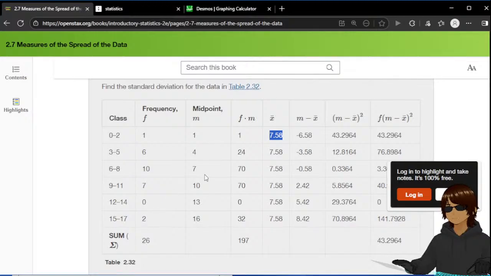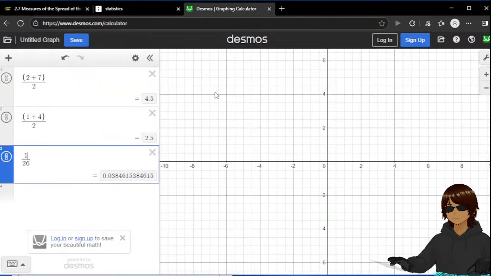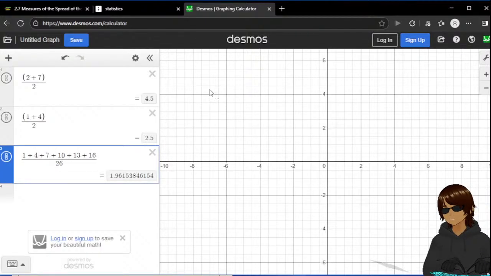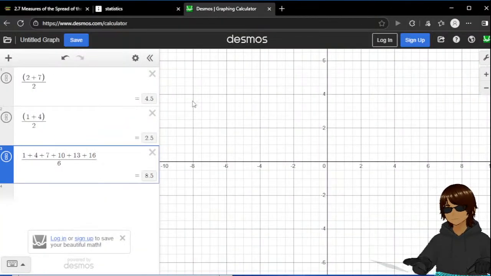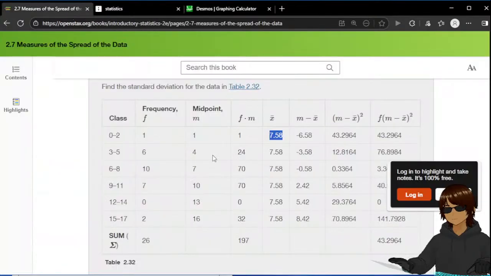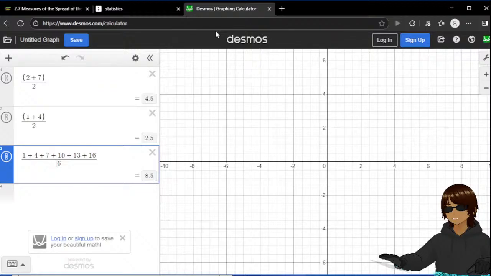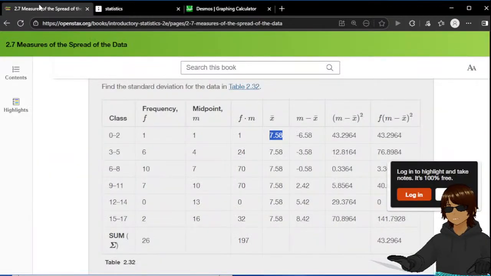I don't understand, 1 divided by 26. 1, 4, 7, 10, 13, 16 divided by 6, right?